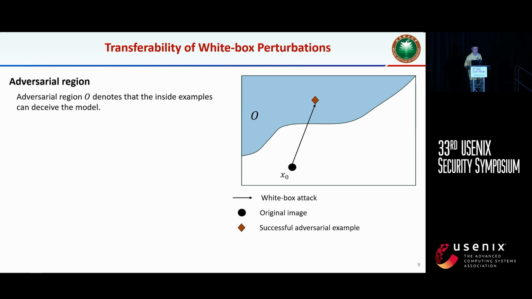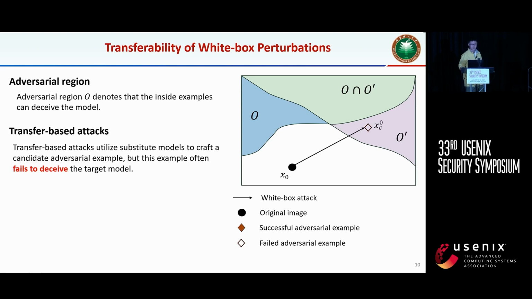We use adversarial regions to visually illustrate the process of adversarial attacks. An adversarial region denotes the area in the embedding space where the generated examples could deceive the model. As shown in the picture, the light blue area denotes the adversarial region of the target model an attacker wants to compromise.